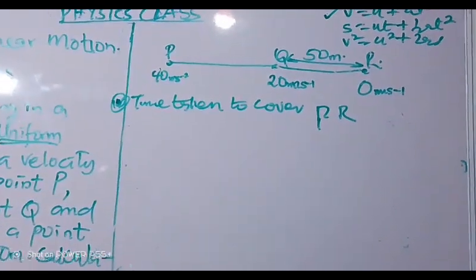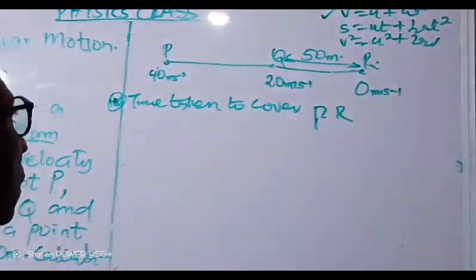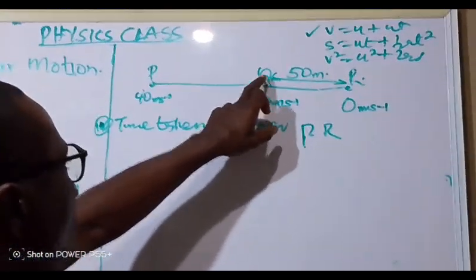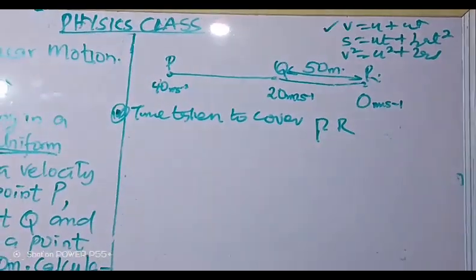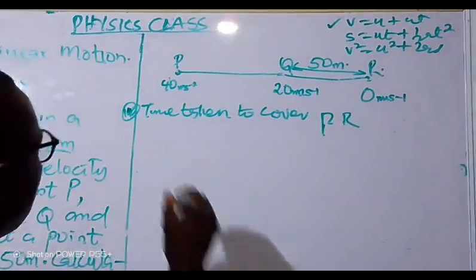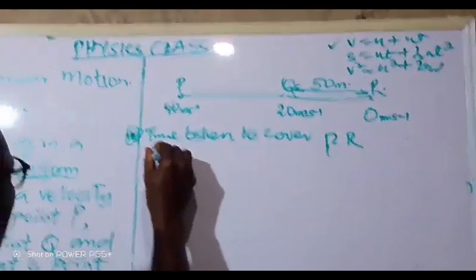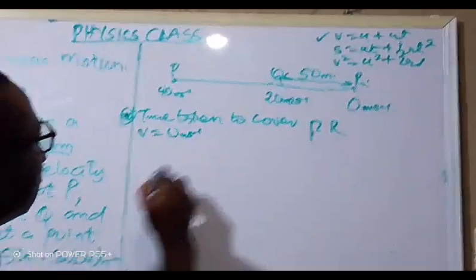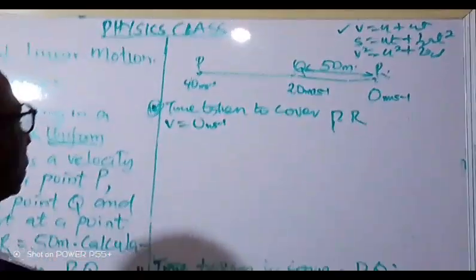Already we know time taken to cover PQ. Now the first thing to do is to calculate time to cover QR. So to calculate time to cover QR, here V is 0 meters per second because it comes to rest.